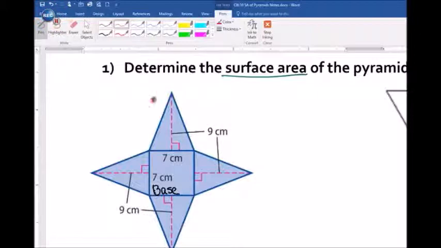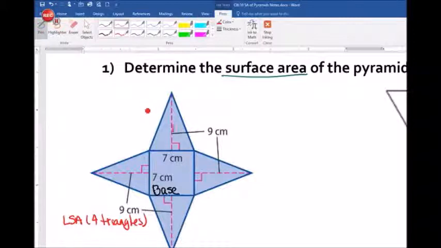The first thing I want to do is look and see if all my triangles are the same. And it looks like they are. So I can say that the lateral surface area has 4 triangles, and they are each 9 by 7.